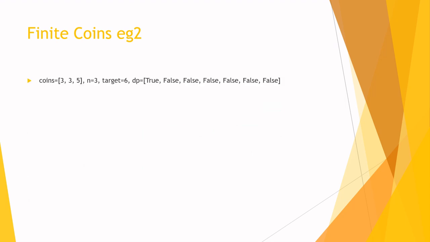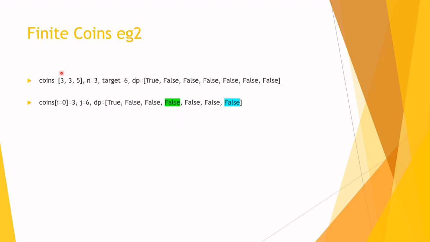Now here's another example of finite coins. Here instead of just one coin 3, I'm taking two coins with denomination 3, and here we have coins of I equals 0 is 3, and obviously even this inner loop is running backwards.